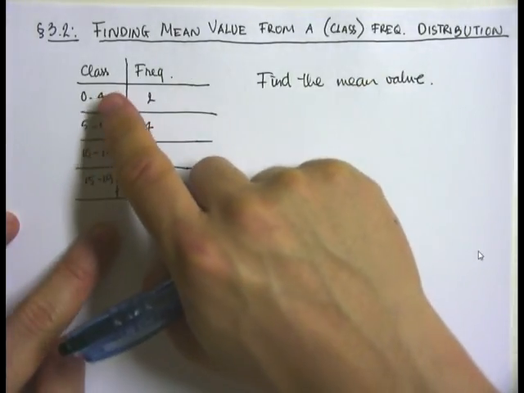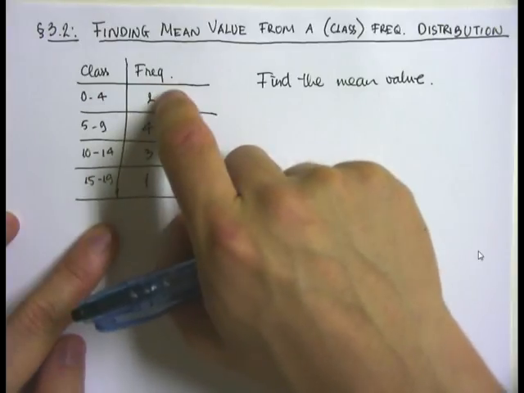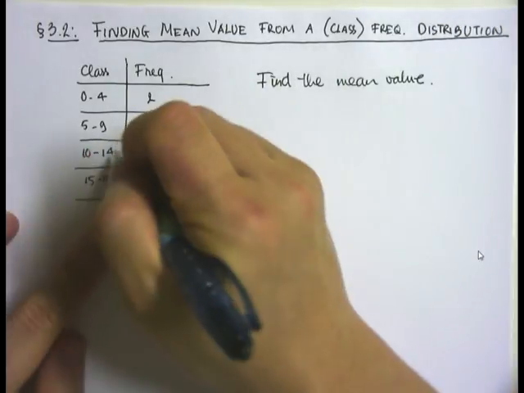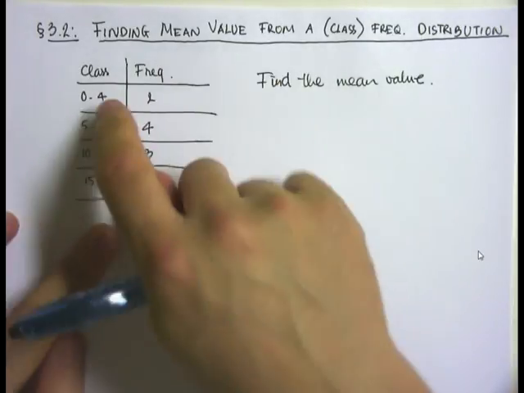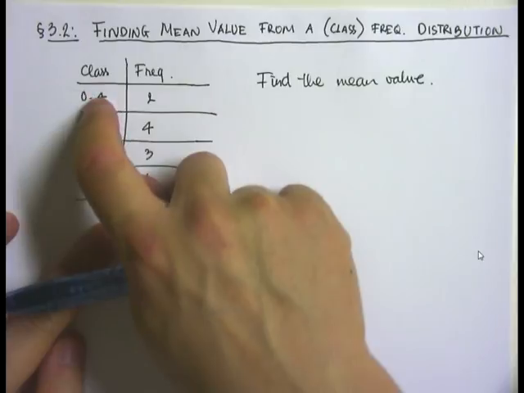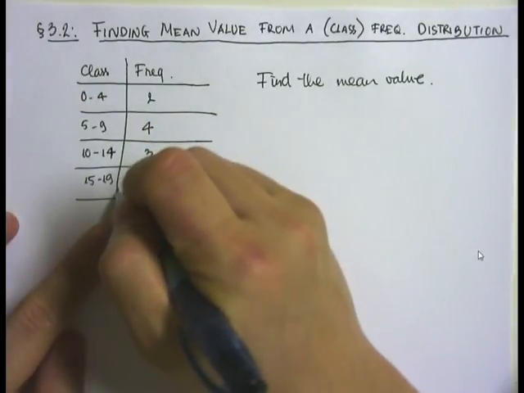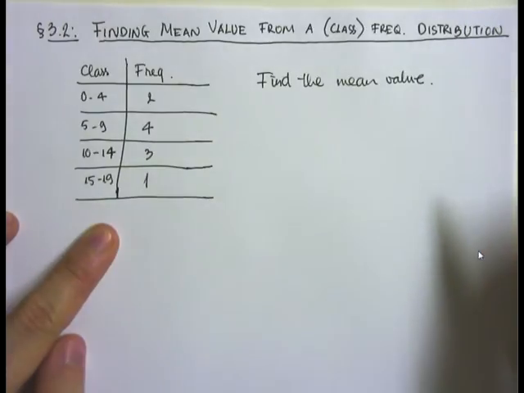All we know is the classes and the number of members in each class. We do not know which members are which in each data set. Or in other words, we don't know the individual data values.